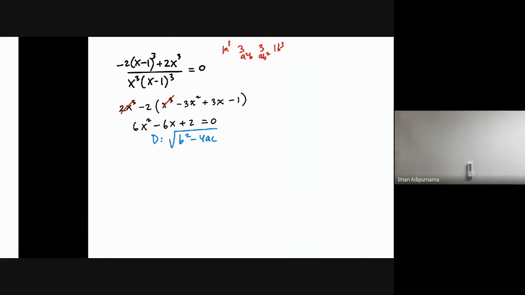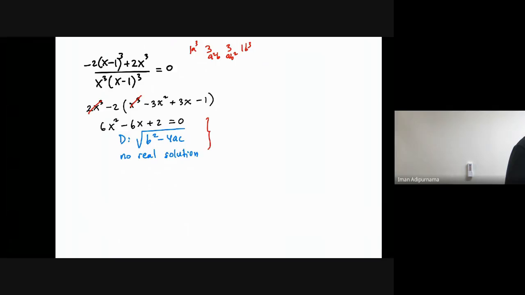Which means we can write there is no real solution, which means the curve will not have any critical point. So there is no critical point.